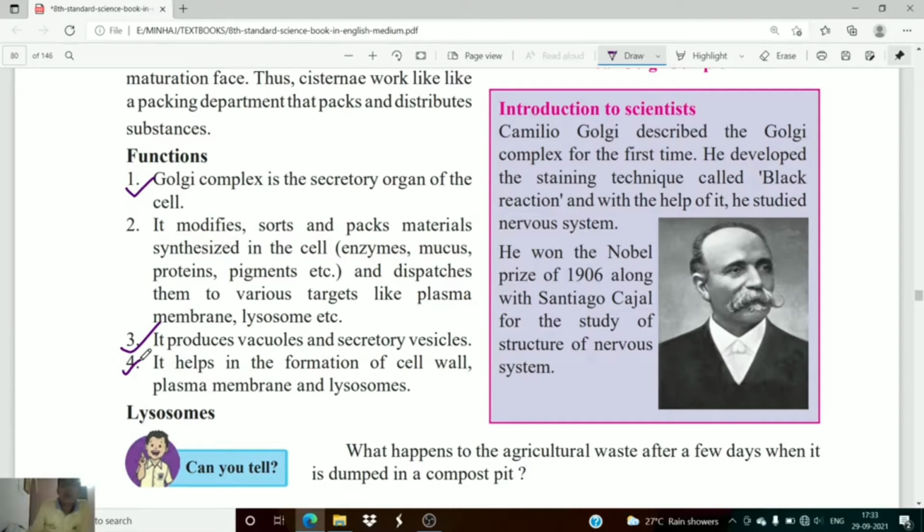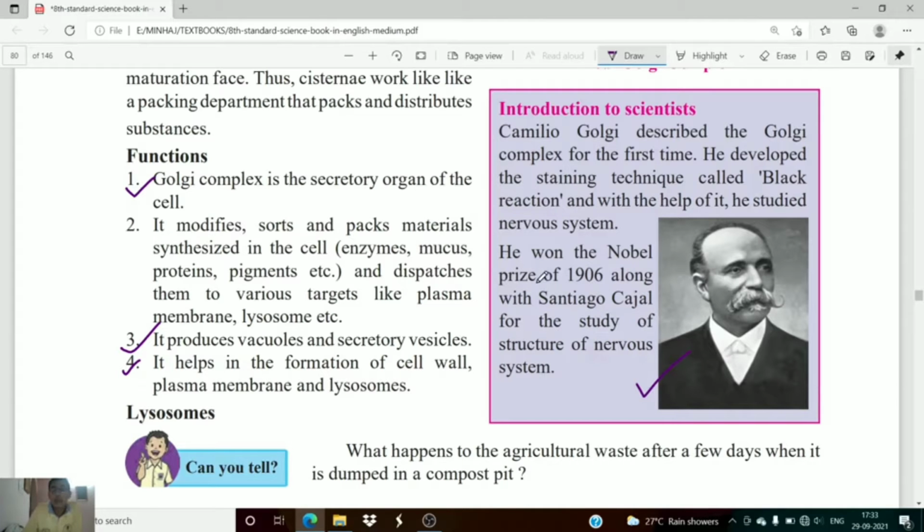Now, the name Golgi complex is named after one of the scientists whose name is Camillo Golgi. He was the one who developed the staining technique called black reaction, and with the help of it he studied the nervous system. So to his honor the name Golgi complex has been given.